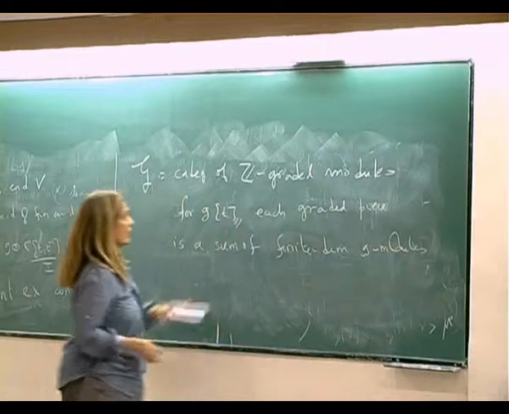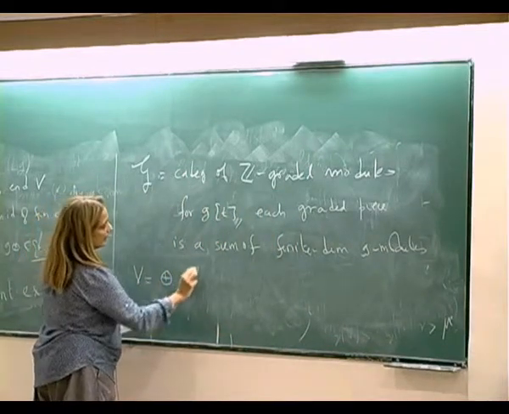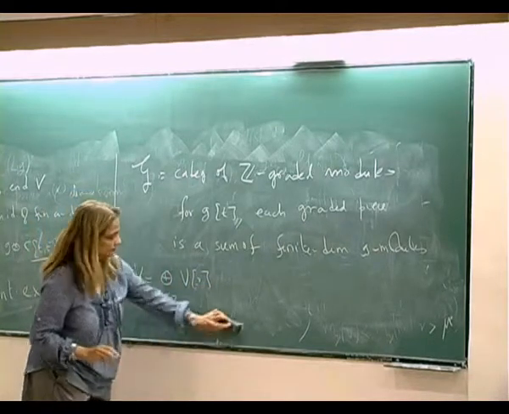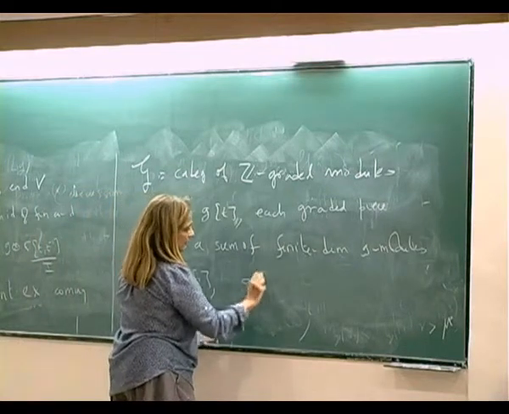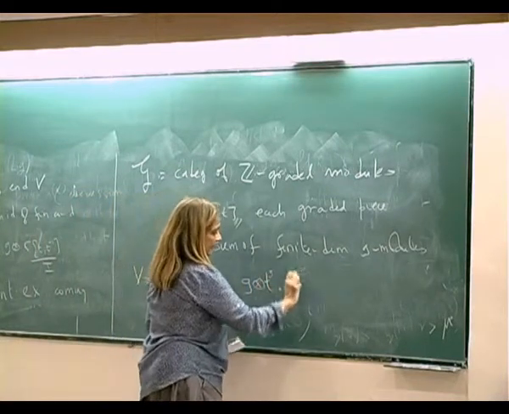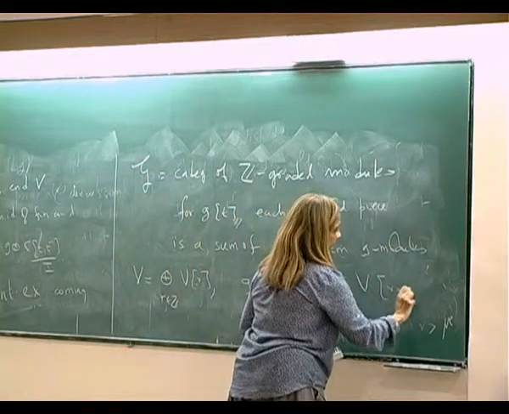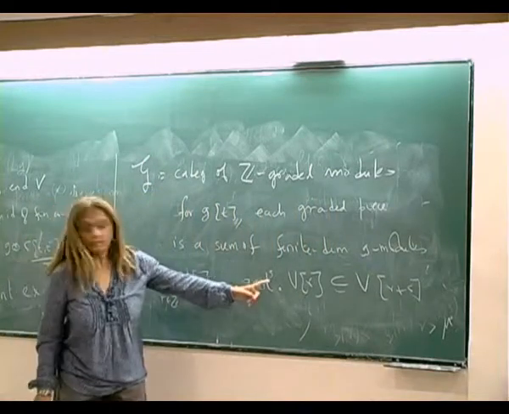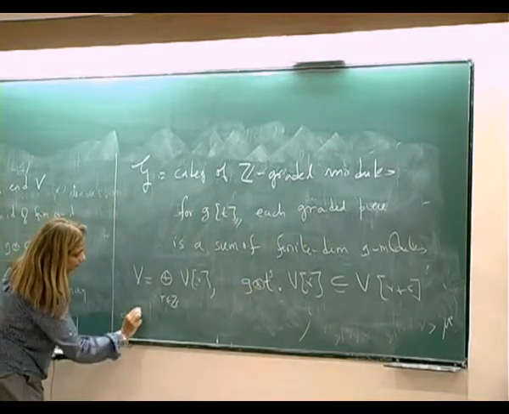So that means an object in this category will be V equal to direct sum VR with R in Z, right? If it's to be a graded module, you must have that G tensor T power S acting on VR is contained in VR plus S, right? And if I take S equal to 0, right, then VR is a G module.